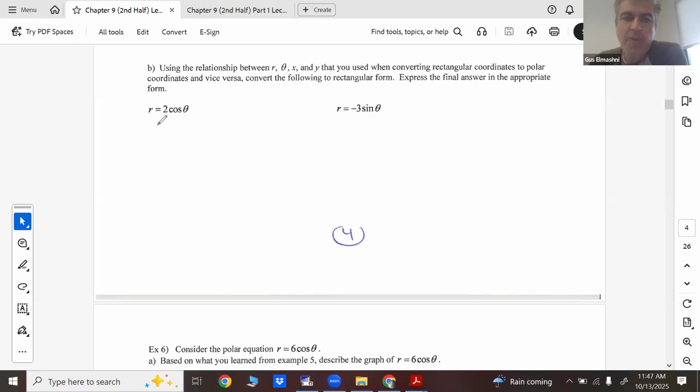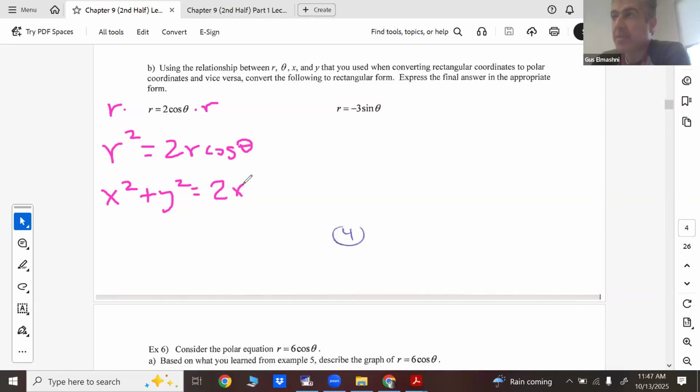So what if I multiply both sides by r? What would happen? I get r squared equals 2r cos theta. What does r squared equal in terms of x and y? x squared plus y squared, we established that earlier. What does r cos theta equal? Just x. Yep. Because on a unit circle, we assume r is 1, but really it's still r in general.